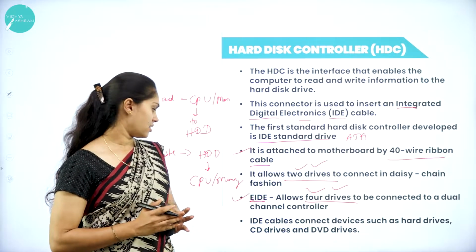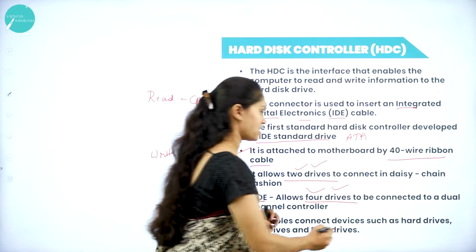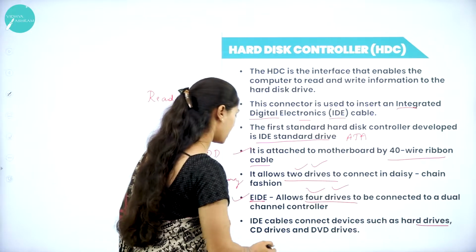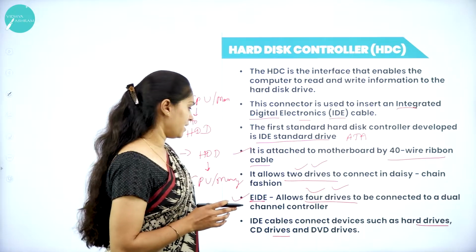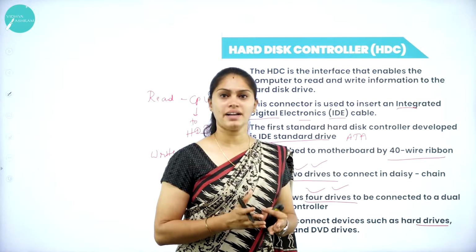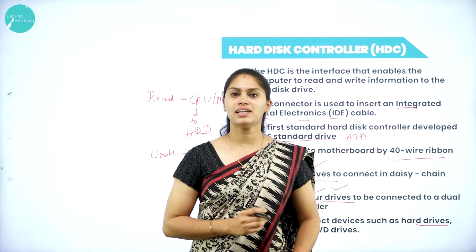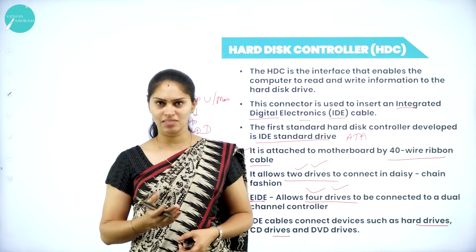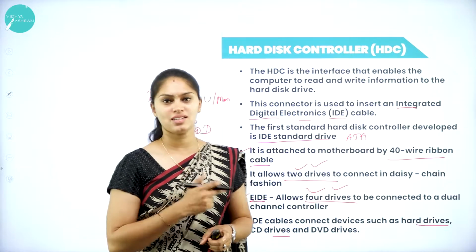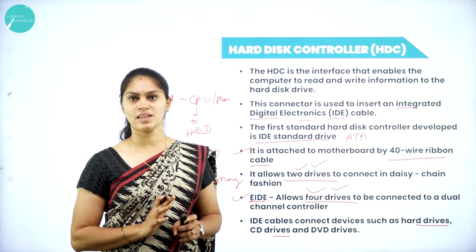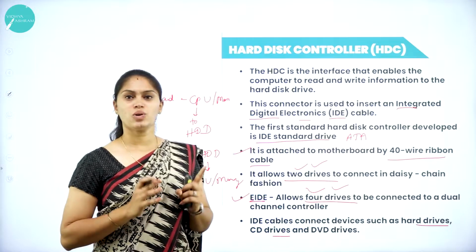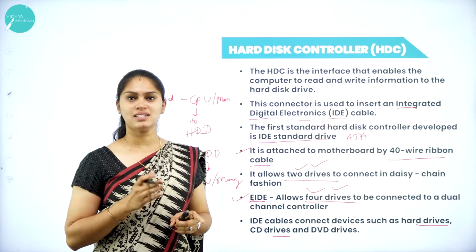So at last, IDE cables connect devices. What are the devices that I can connect with the help of this IDE cable? That is CD drives, DVD drives and hard drives. If I want to connect hard drives, CD drives or DVD drives, then I must use this IDE cable. It acts as a controller. I hope you got this point. So HDC is nothing but the hard disk controller.